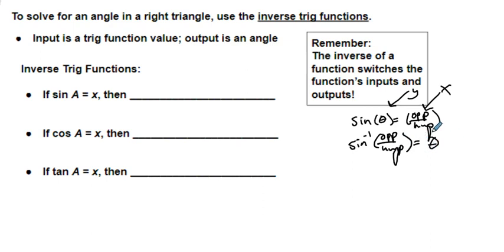The thing that's valuable about this is once you have this, you've got an equation to find your angle. Just plug the stuff in and go. It's super easy. And the only real new part for you is going to be how we put it in the calculator.